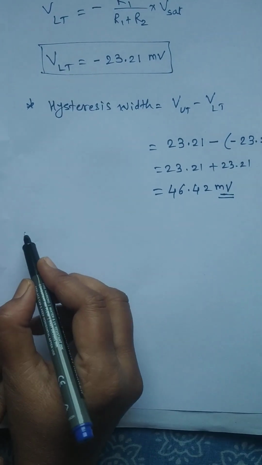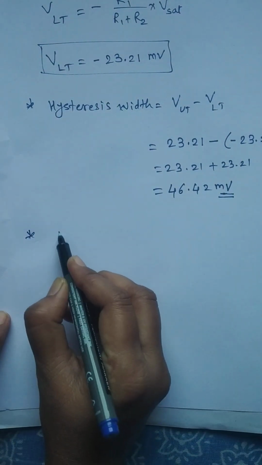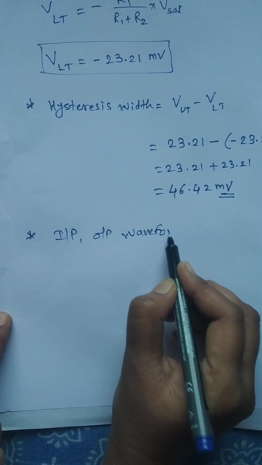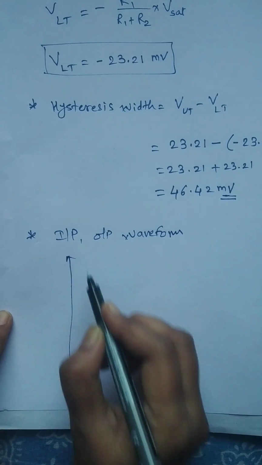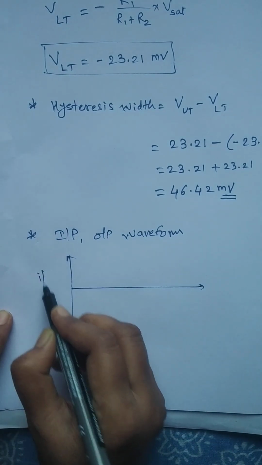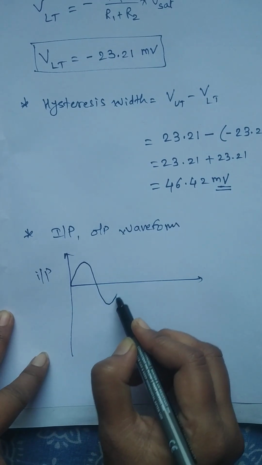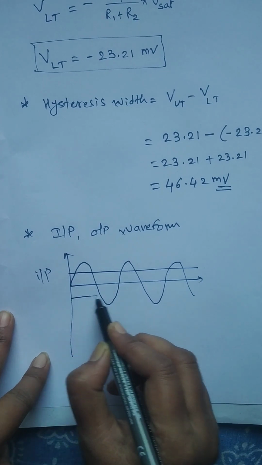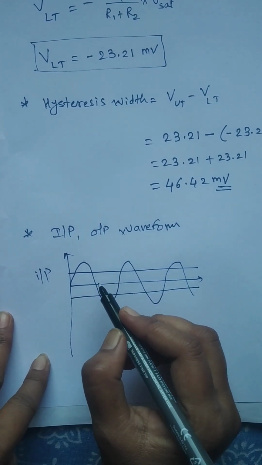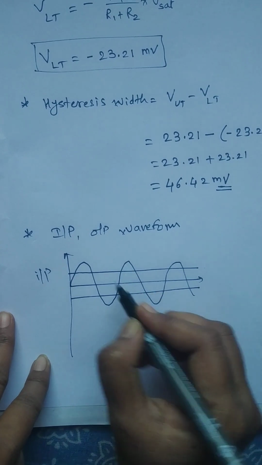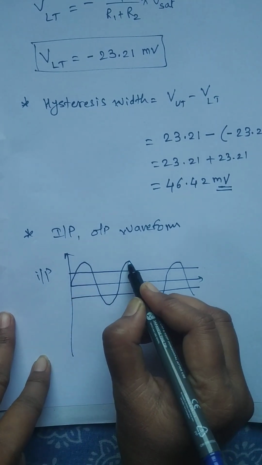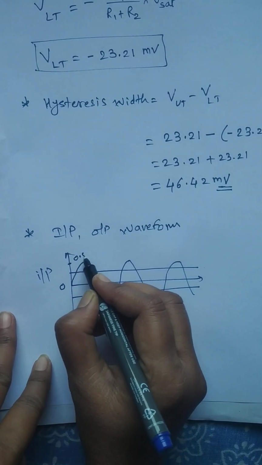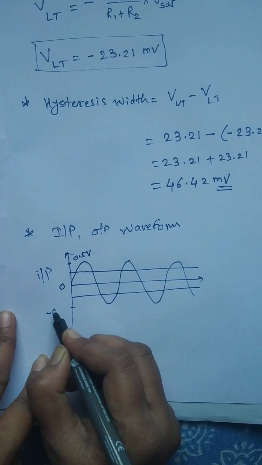Next, the question asked was to draw the input and output waveforms for this given Schmitt trigger. As we know, they have mentioned here that the input is a sine wave, and we have to mention the VUT and VLT we obtained. The sine wave is given as 1 volt peak to peak. 1 volt peak to peak means from 0 this will be 0.5 volt and this will be minus 0.5 volt.